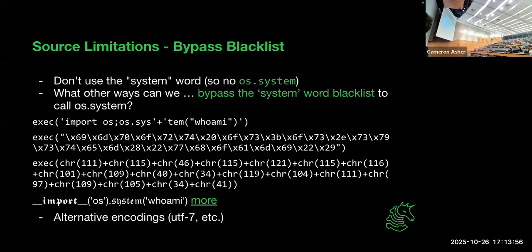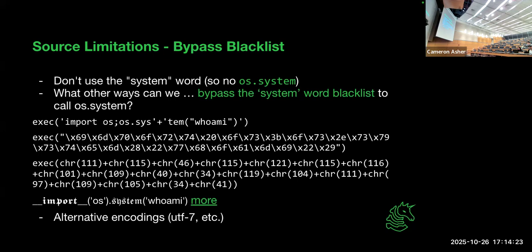So here, since now I have exec, I can split up the parts of my source code into different strings. So now if the auto grader or whatever is looking for the string system, it's not going to find it. Because in the source code, it reads sys, then single quote, then plus, then single quote, then tem. Like never did the string system appear. So this would be considered safe and it would get run, even though the thing it actually does is the exact same. Same with the hex encoding.